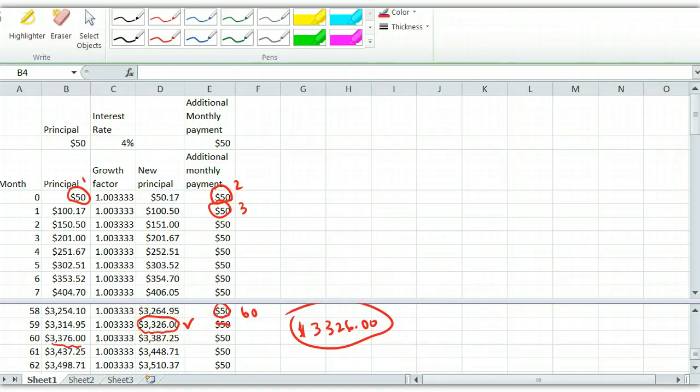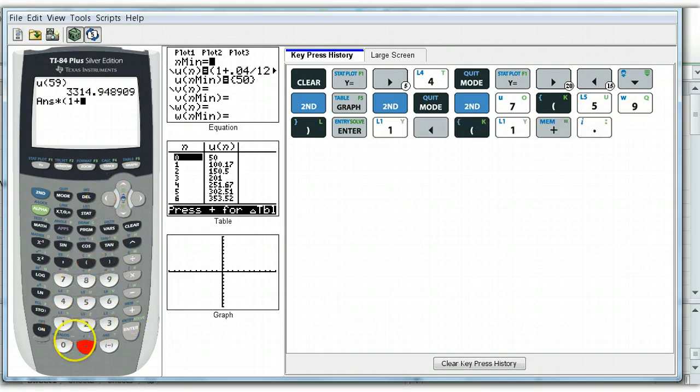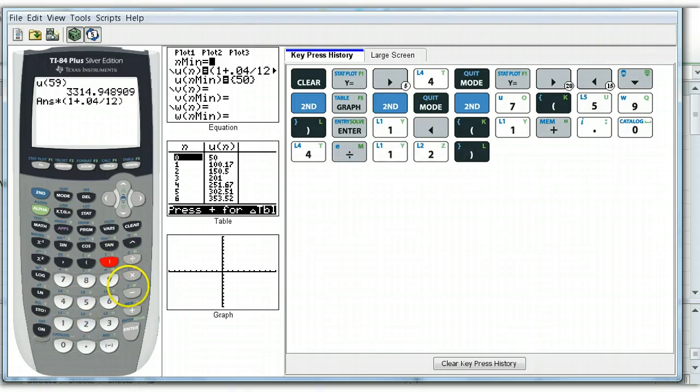So after that 59th month, I have to multiply into the 60th month and multiply it by, oh, I got to use parentheses, sorry, 1 plus 0.04 divided by 12. And voila, there's my final amount. Now, this isn't exactly what we had before, but this got rounded. So it's either 3326 or else 3325.99.